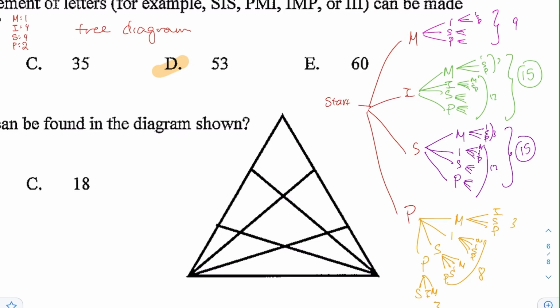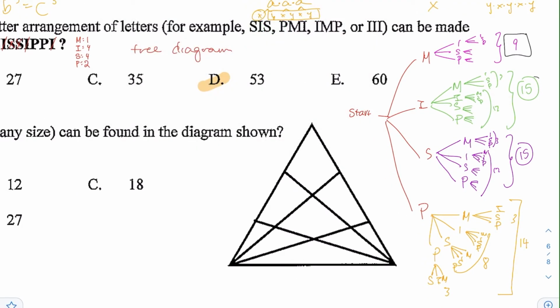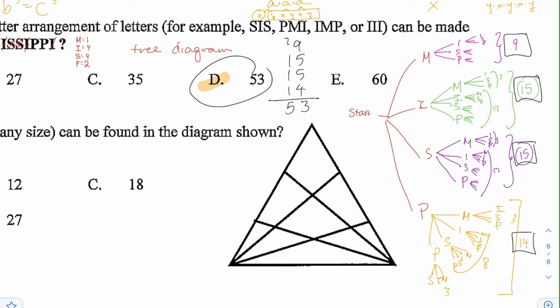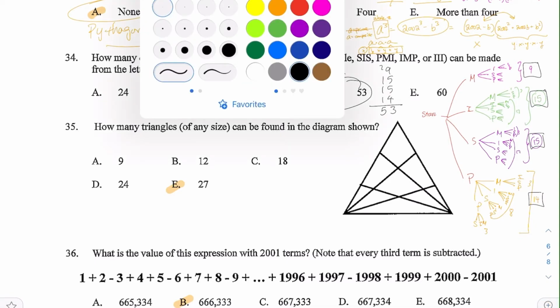So 8 plus 3 plus 3 will give you a total of 14 branches. So if you add the 4 numbers here, 9, 15, 15, and 14, you get a total of 53, which is choice D. So this is just your tree diagram question. Just be careful because there are some repeats.